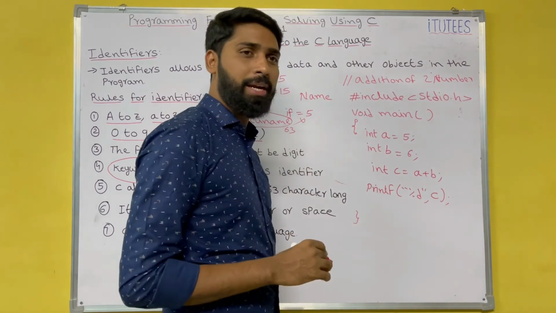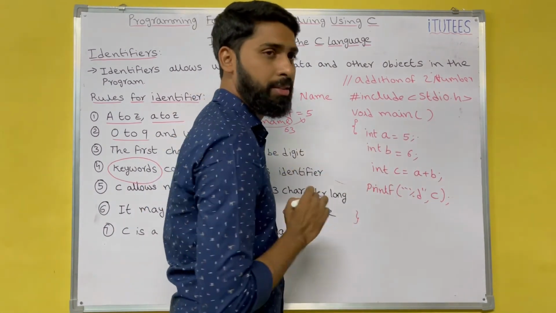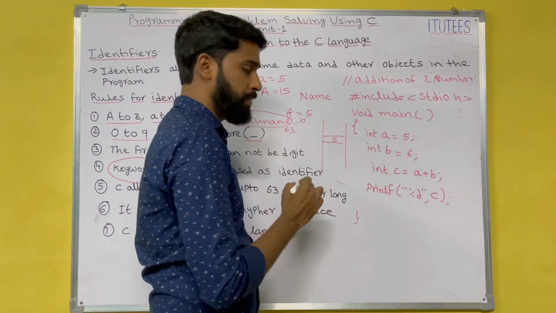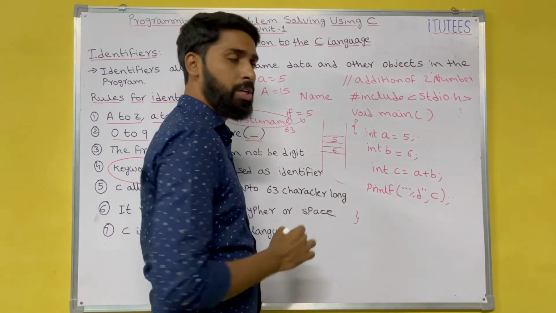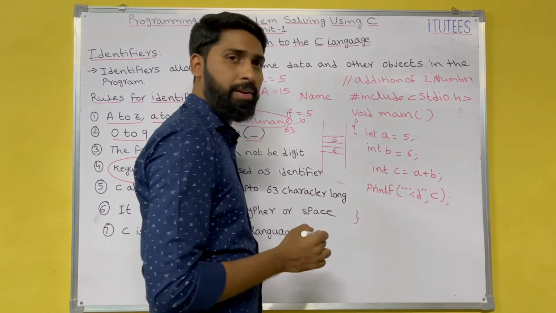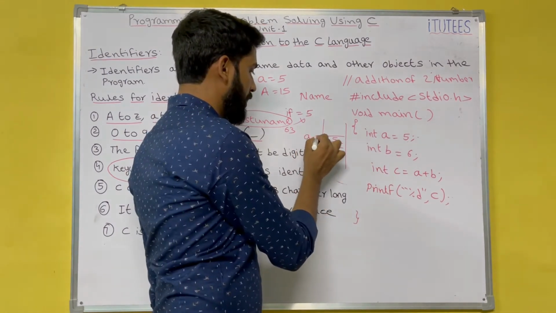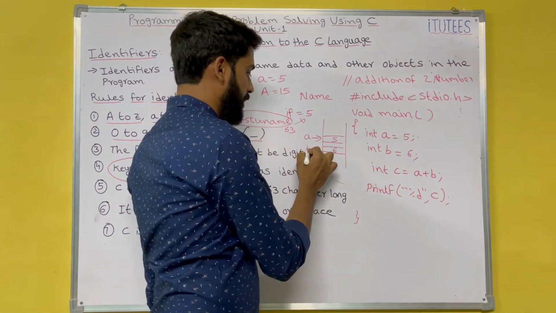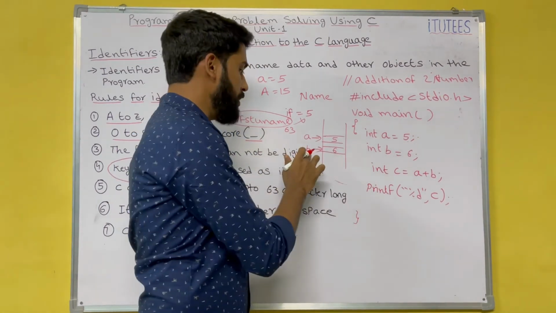In this, what are the data values? The 5 and 6. That means in the memory, the 5 is stored, and similarly the 6 is stored. For this 5, I am going to give the identifier name a, and for 6, I give b.